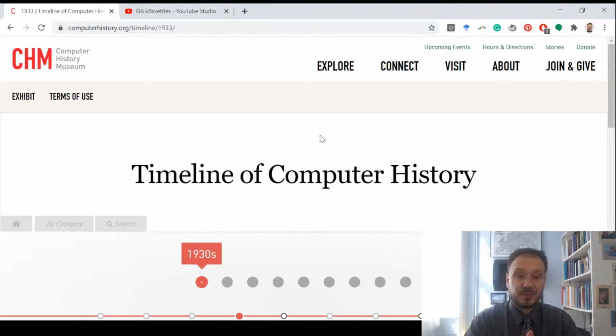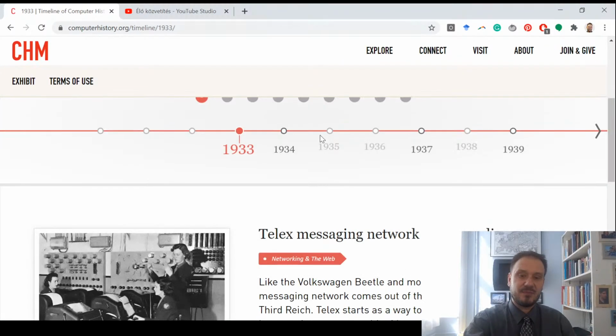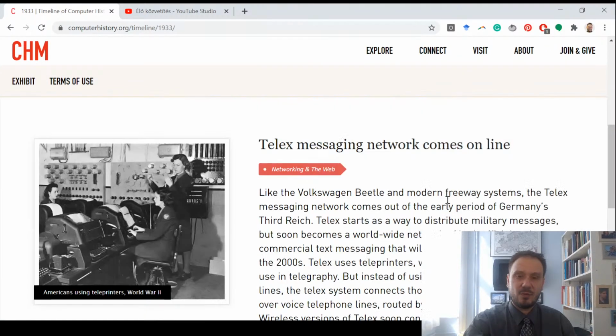So today's topic is the history of computers, and we are starting from the 30s. We are in the 20th century, in the times when there were no computers yet.